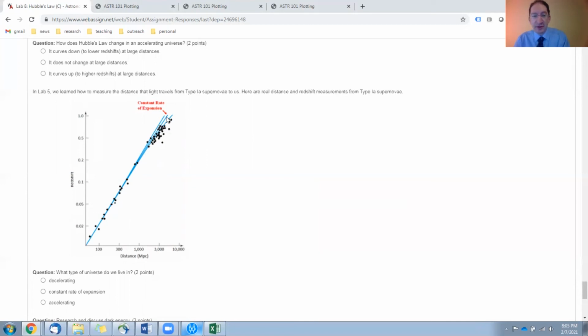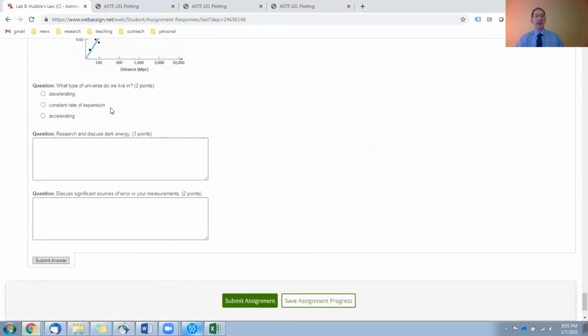Here we have the curve corresponding to a constant rate of expansion. These other curves, one of them corresponds to a decelerating universe and one corresponds to an accelerating universe. And so you'll be able to use these type 1a supernovae data to determine what kind of universe we live in. You'll answer that in this question here.